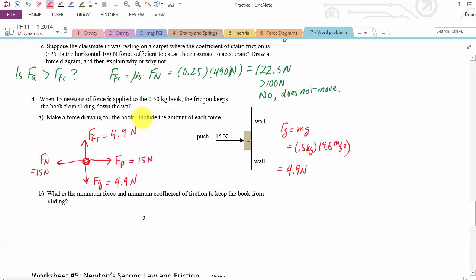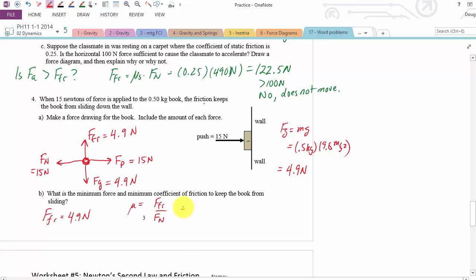So what's the minimum force and coefficient of friction required to keep the book from sliding? Well, the minimum force is the friction force equal to 4.9 newtons, and the coefficient of friction mu is force of friction divided by Fn.